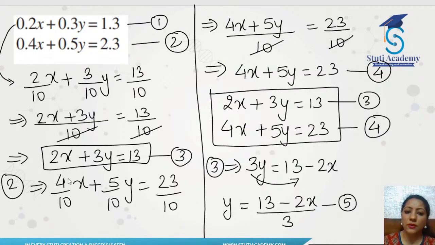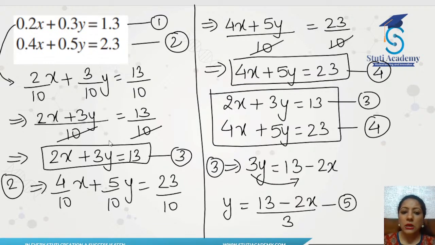We will write 0.4 as 4 upon 10, 0.5 as 5 upon 10 and 2.3 as 23 upon 10. We will also get rid of the denominators. We can cancel out 10 and then we'll be left with this equation. Now these two equations we are going to work with as usual. Here we are using the substitution method. So we'll pick up any one of these equations, either equation 3 or 4. So here I've used equation 3.